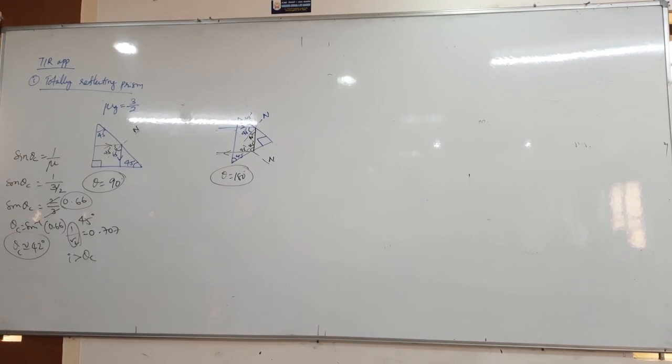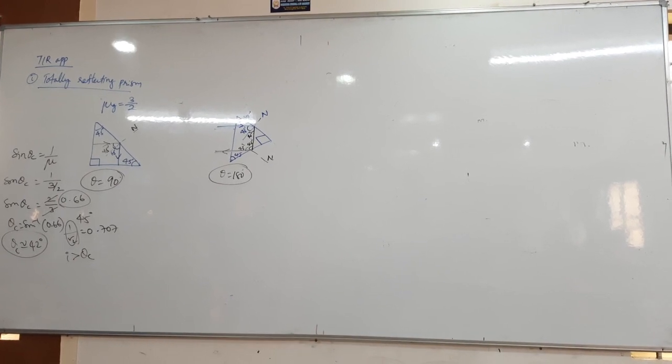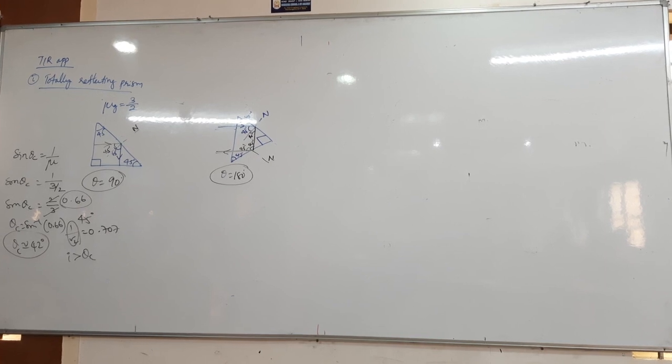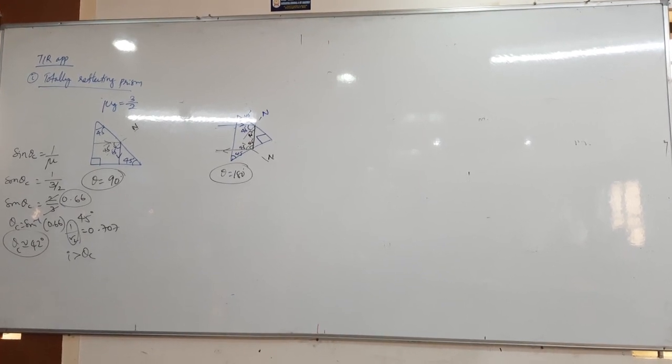For every material, every medium, there will be a particular critical angle. That critical angle value we got is 42 degrees, but I am incidenting a ray in such a way that it strikes the boundary at 45 degrees with respect to the normal. That incident angle is more than the critical angle, so it will undergo TIR.